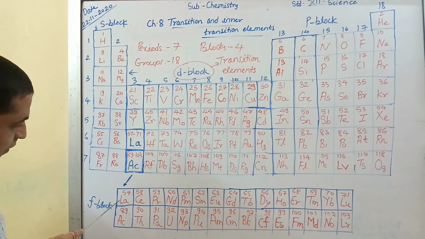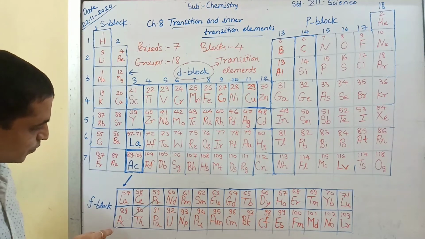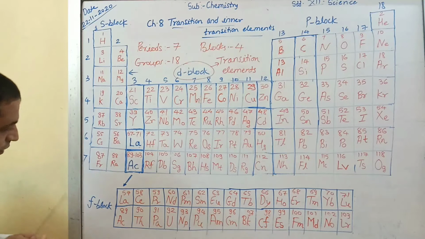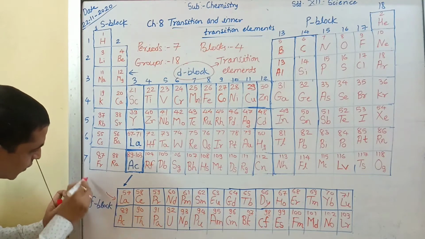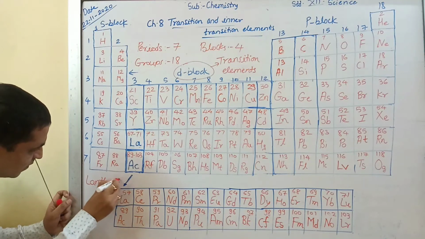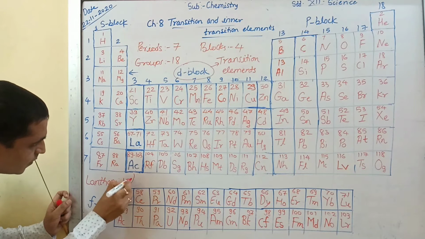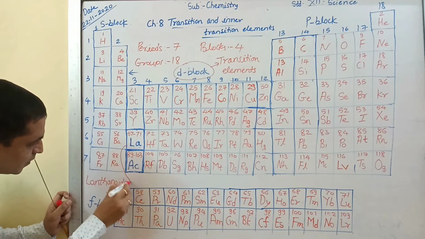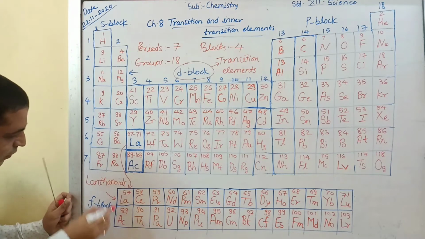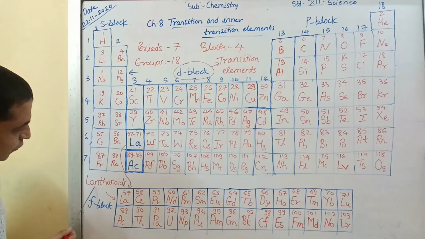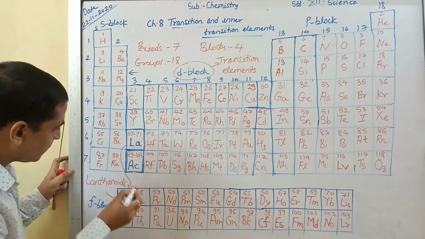See here, these elements lanthanum, cerium, praseodymium, neodymium, etc. are called lanthanoids, because lanthanum is the first element.